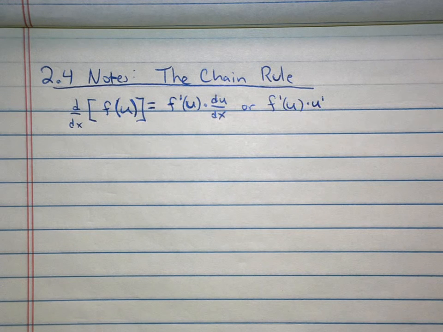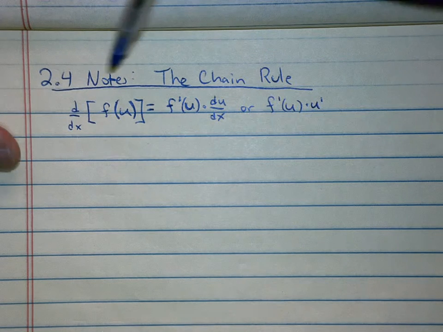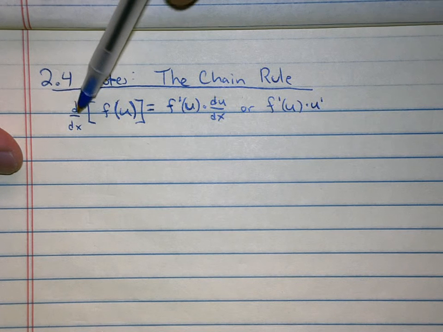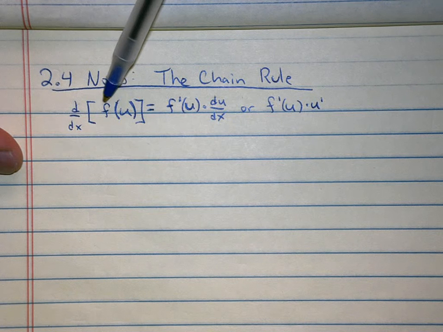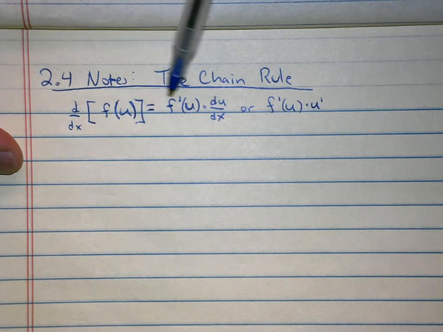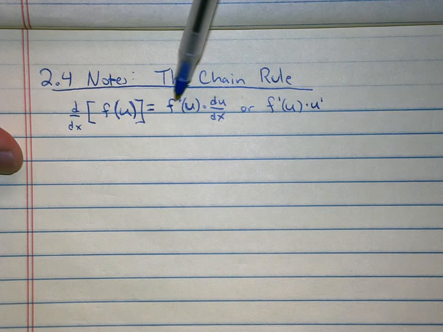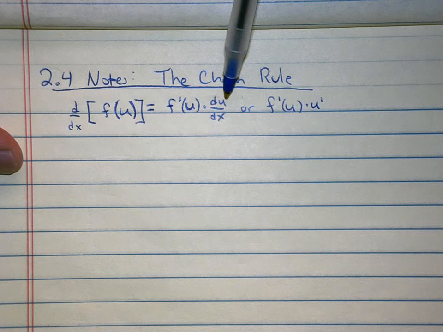This is the concept that you are going to need to be able to do the more complicated derivatives. What it basically wants you to look at: if I'm trying to find the derivative, d over dx, of a function that has u as its variable, that would be the derivative of the outside piece times the derivative of the inside piece.